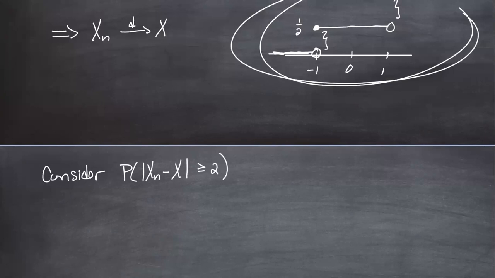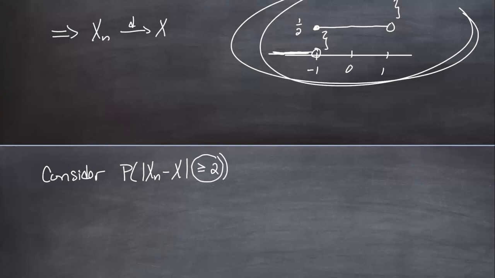Remember, we can use strict or non-strict inequalities when trying to show convergence in probability. If this bothers you, you can replace this with greater than, like, 1.9 and proceed in the same way.